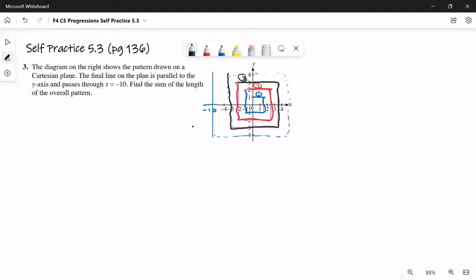So let's try to form our first term from here. The first term is when you look at the first cycle, it ends at x equals -1. So the last line passes through x equals -1.